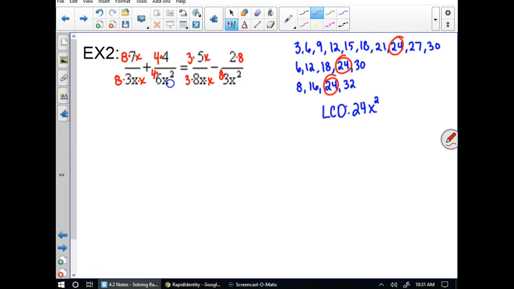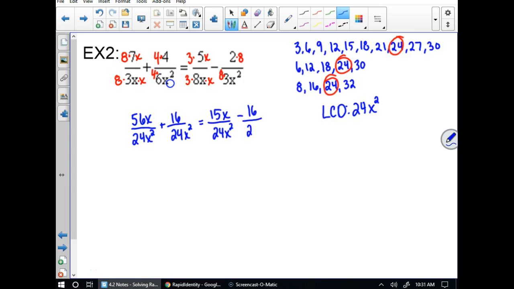Whenever I do this, it's going to give me 56x over 24x squared plus 16 over 24x squared equals 15x over 24x squared minus 16 over 24x squared.